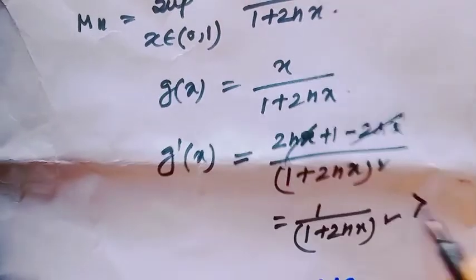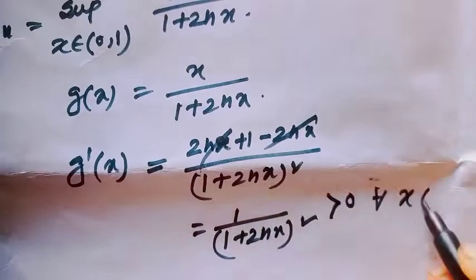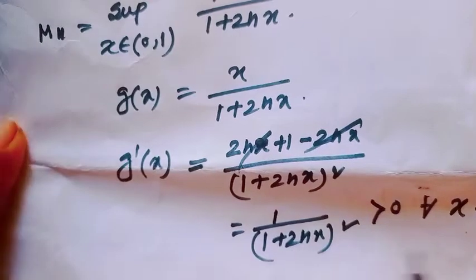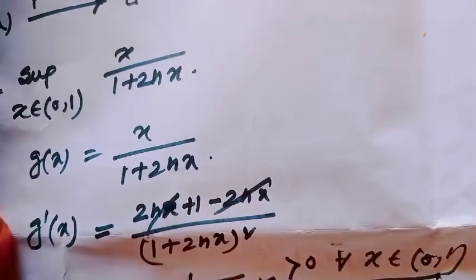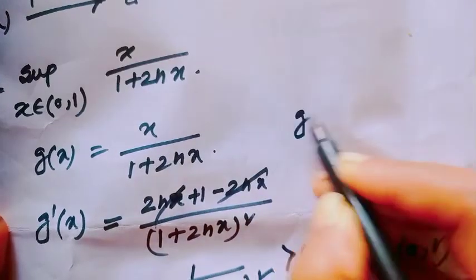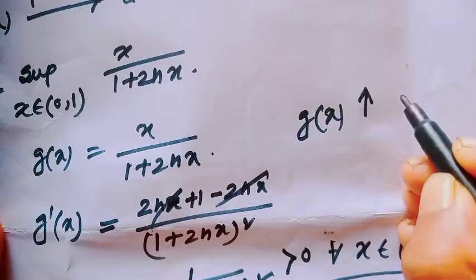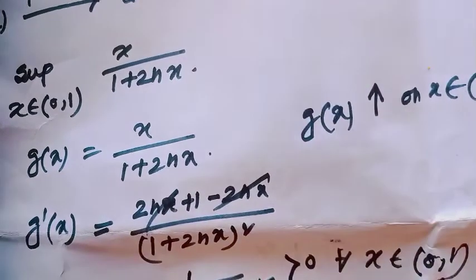Obviously this value is greater than 0 for all x in (0, 1). Since g prime of x is greater than 0 for all x in (0, 1), the function g(x) is a monotone increasing function on the open interval (0, 1).